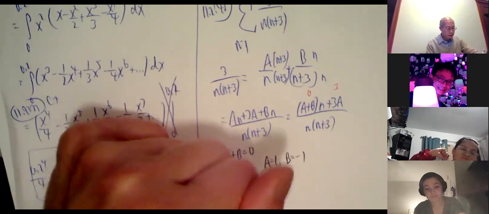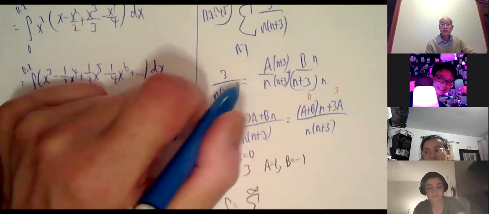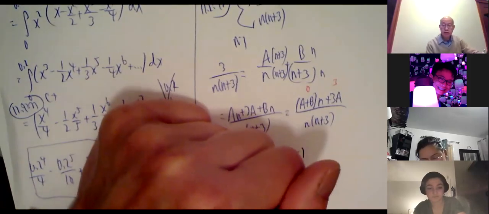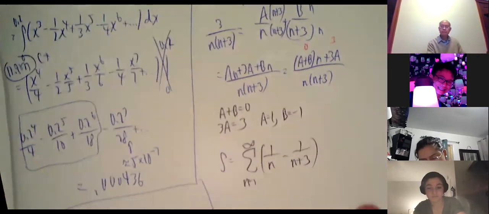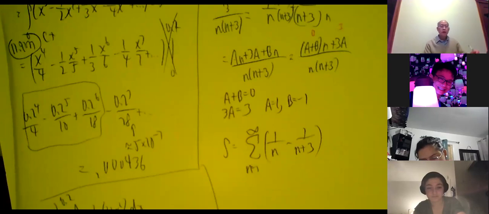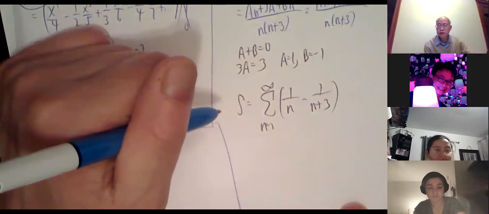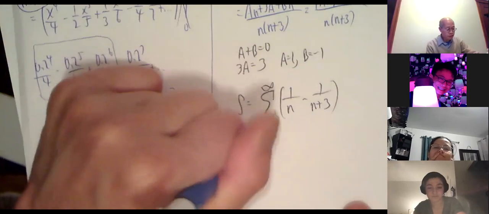Okay, so S is summation n equals 1 to infinity. This is now 1 over n minus 1 over n plus 3. Okay, so to come up with a formula, let me just actually do, let's say, the first, how many terms do I want? 6 terms might be enough.